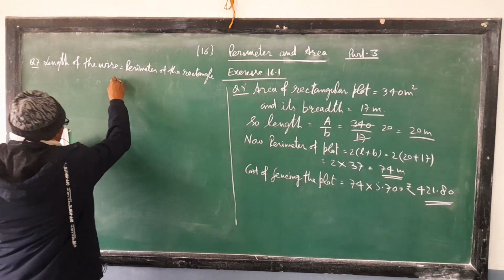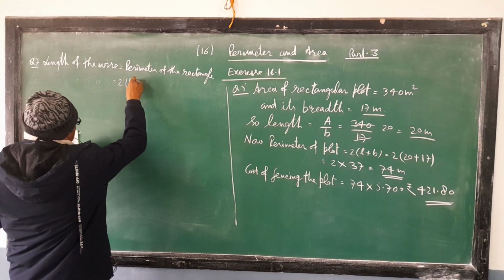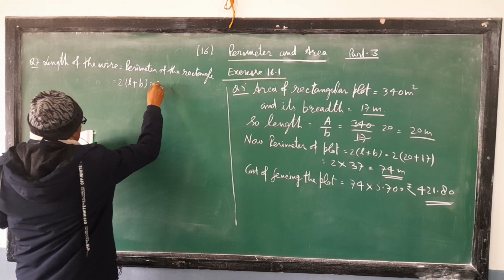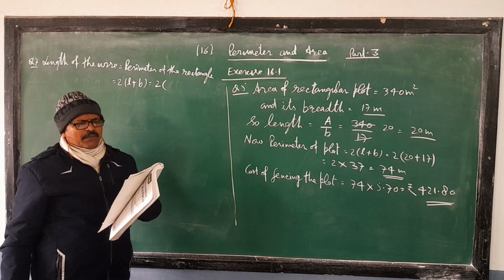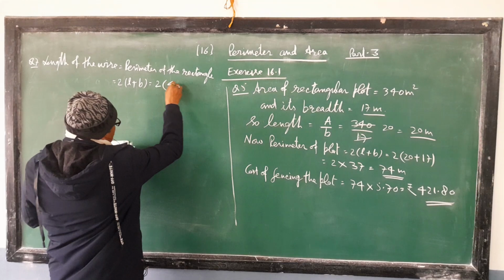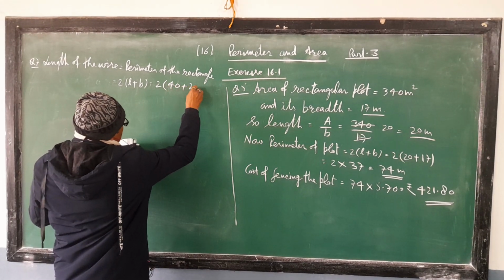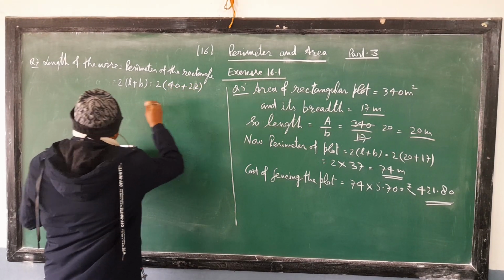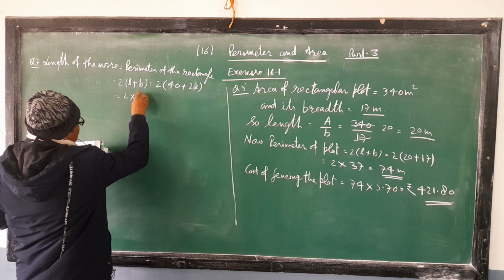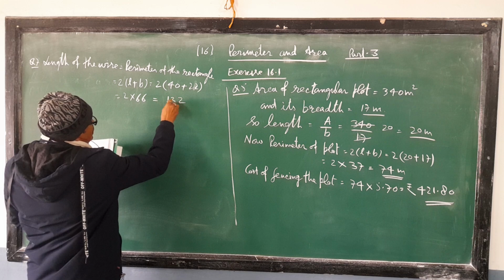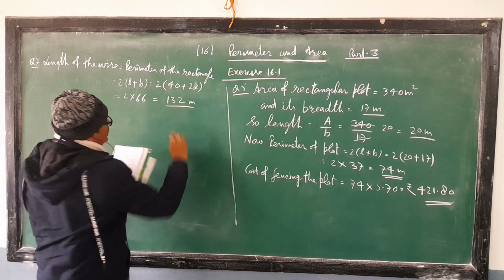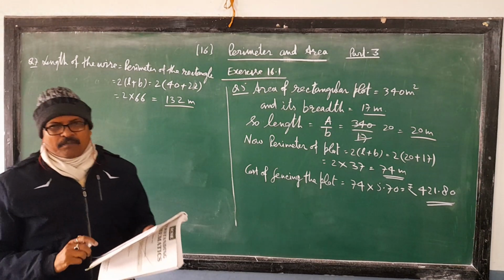So it will be equal to 2 times (L plus B), which is 2 times (40 plus 22), equal to 2 into 62, 124 centimeter. This is the length of the wire.